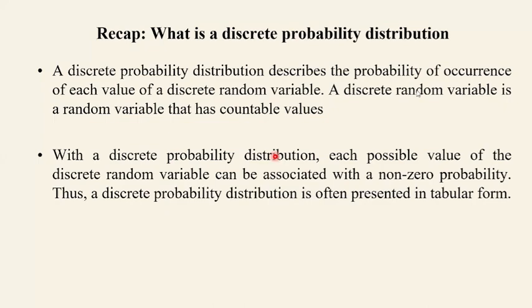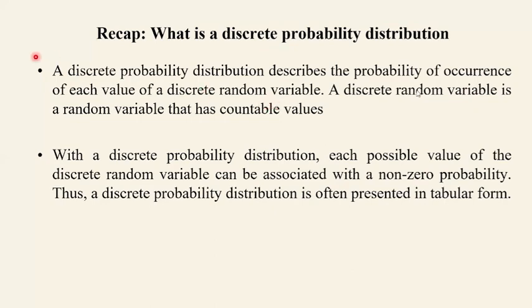So briefly, what is the discrete probability distribution? Whatever probability distribution we are going to define, in that probability distribution there are two specific things we have to say. One is the probability of the occurrence of each value of a discrete random variable, right?